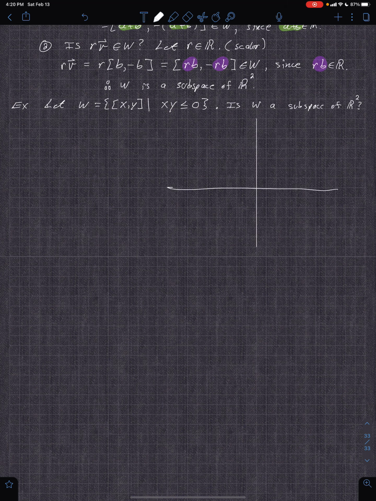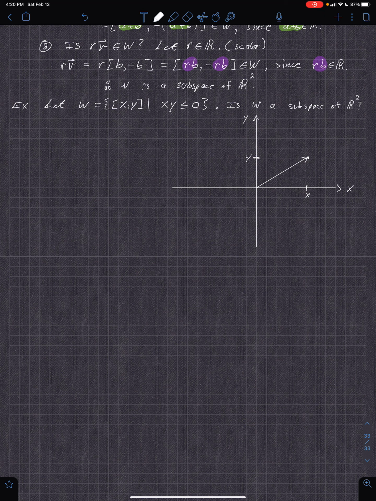Let's do a graph. So you have x and y. You have these different vectors, right? Is this vector a vector in that set? Is the product of those two values right here negative? And the answer is no.